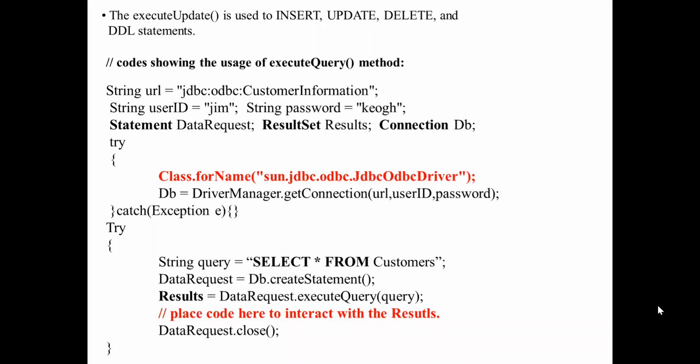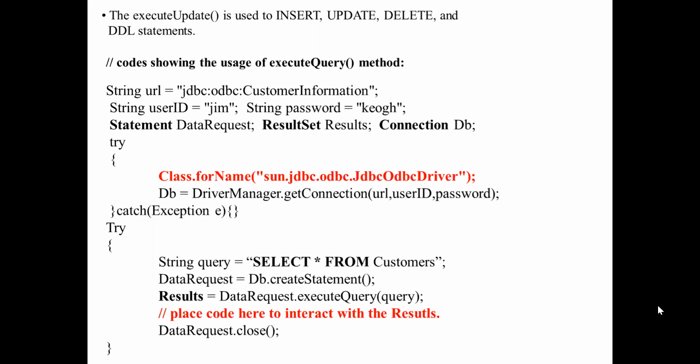The below code will show the usage of the executeQuery method. I use the URL equal to, within double quotes, jdbc:odbc:customer information, where customer information is the name of the database.